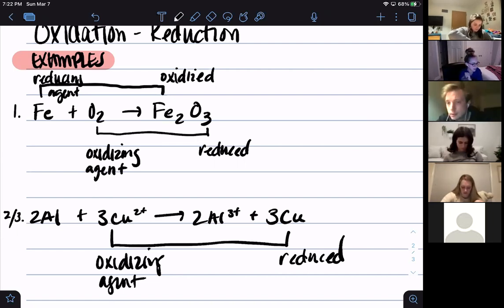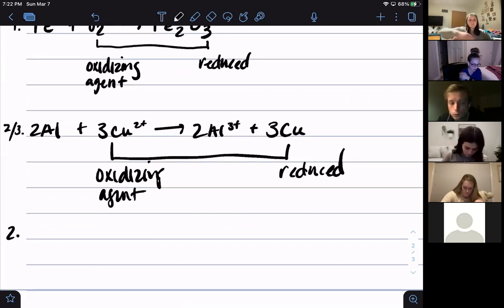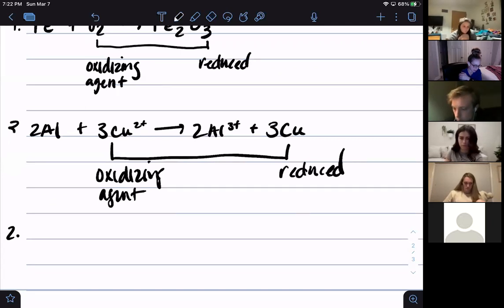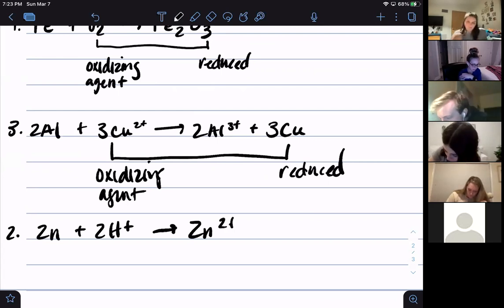What other questions do you have? I guess I should do this too for you. Here's a very blatant number 2. So this was more like a 3. I should label this as definition 3. Here's a blatant 2 definition. If you had something like zinc plus 2H plus yields to, well, it'd just be Z. Okay, so this is blatantly talking about hydrogen now.